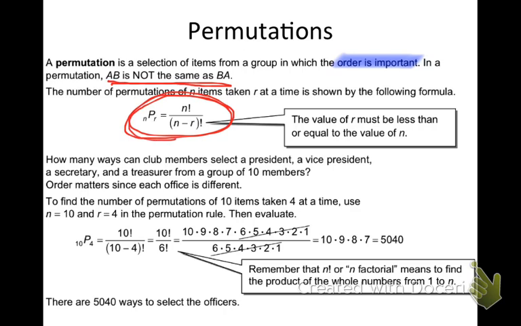Now, does anybody know what this exclamation point is? What does it mean to have an exclamation point? It doesn't just mean N, as you say it really loud and excited. It means something in math. Order down. For instance, if I were to have, let's say, 4, this is called factorial. 4 factorial means 4 times 3 times 2 times 1.